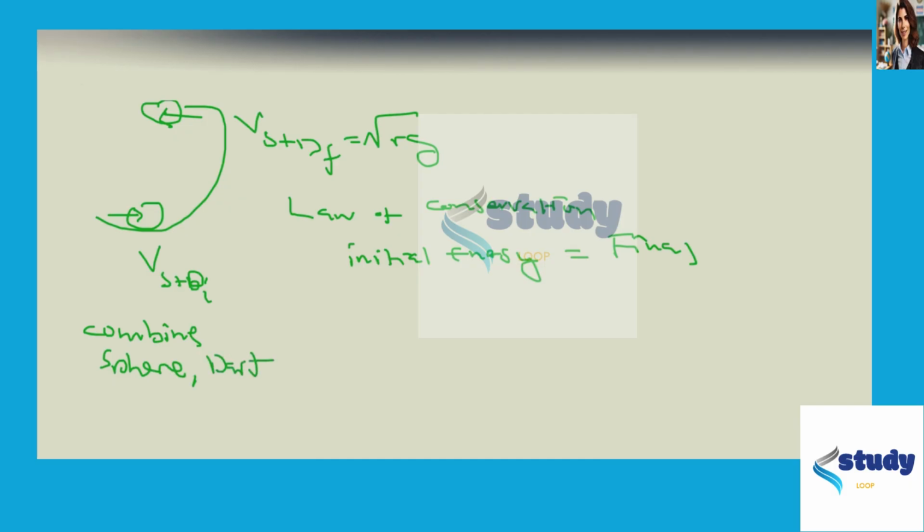The initial energy of the system is the kinetic energy of S and D initial. That becomes the kinetic energy of S and D final, plus the potential energy, which is (M_S + M_D) g h.